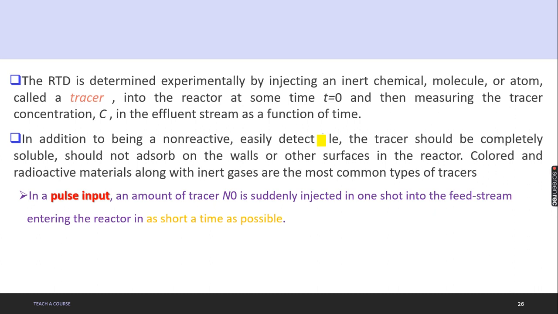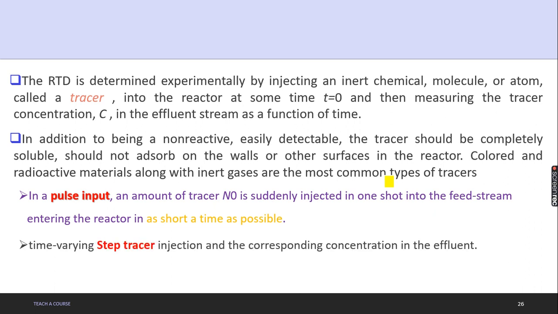We inject the compound in the reactor and measure the concentration in the exit stream from the same reactor. Our time starts when we inject, so that is t equal to 0. This is pulse, so at one time, everything.